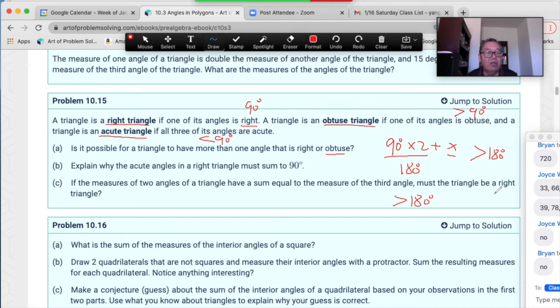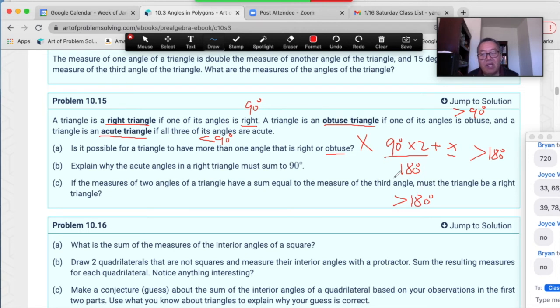We already know the sum of interior angles in a triangle should equal 180 degrees. So definitely this one is wrong. You cannot get a triangle that has more than one right or obtuse angle.